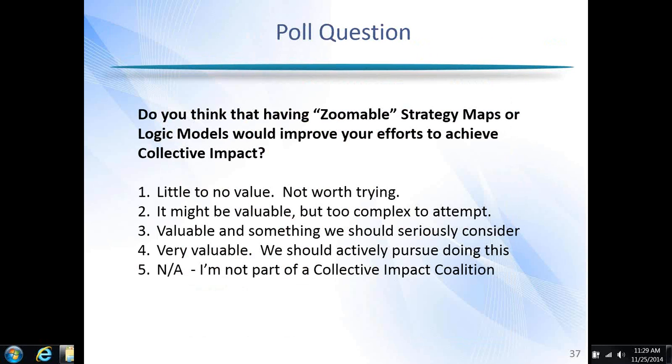So we've got another poll question here. We spent quite a bit of time looking at this concept of zoomable strategy maps or zoomable logic models and using that as a structure for a common agenda to help achieve collective impact. So as you think about this cluster of techniques and tools, how valuable do you think this would be to improve your collective impact efforts?